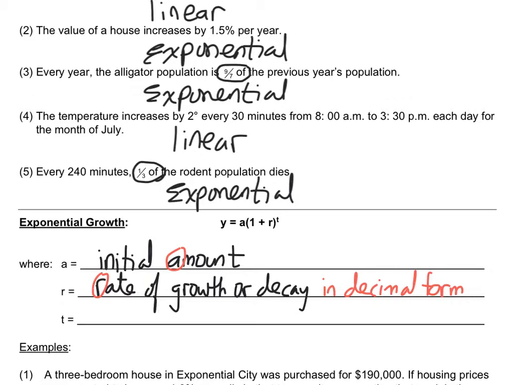That's a pretty important piece of information, the in decimal form, because some problems will say, like in example 2, 1.5% per year, we would not replace R with 1.5. What would we replace it with? What's the decimal form of 1.5? 0.015. Yep, good stuff.